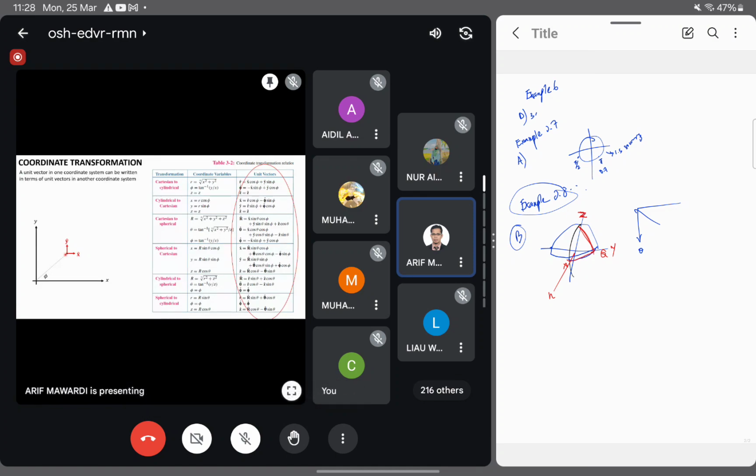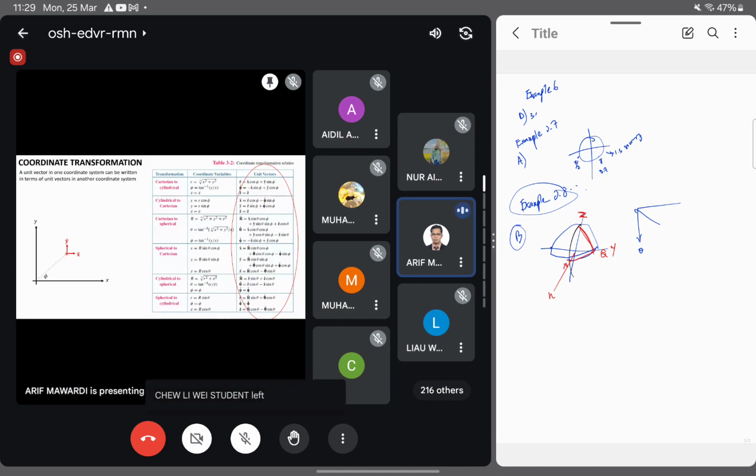So now, I want to sketch the unit vectors at this point in the cylindrical coordinate system. Remember, in the cylindrical coordinate system, we have r, phi, and z. The first one is r. r should be in the direction of increasing r. We can see that r is increasing along this direction.